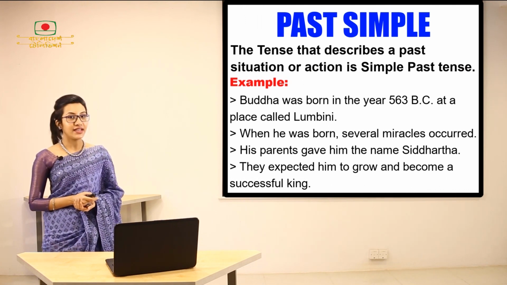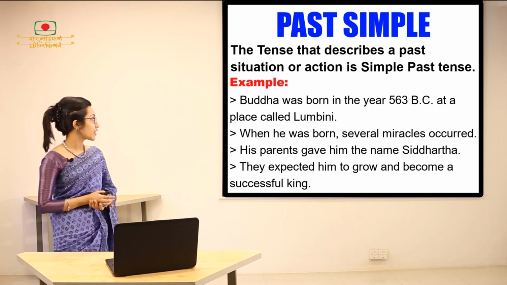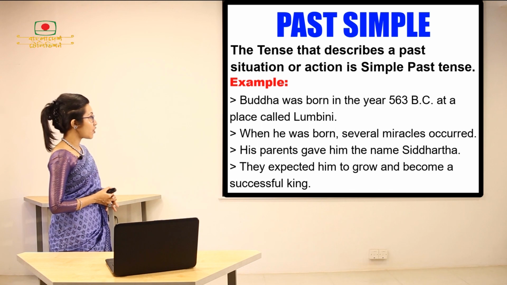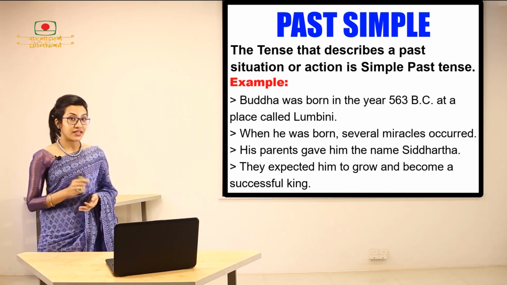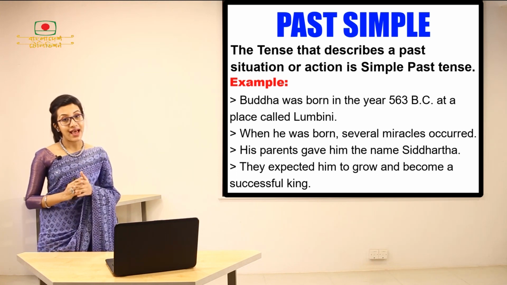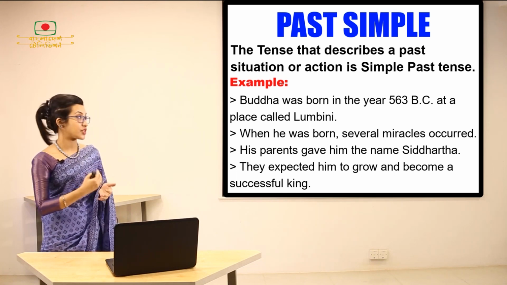At first, let's have a look at what past simple is all about. The tense that describes a past situation or action is simple past tense. So the tense that I'm going to talk about is past simple and it refers to something that happened in the past.